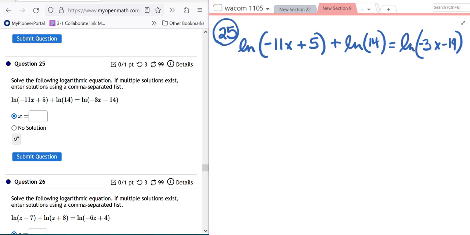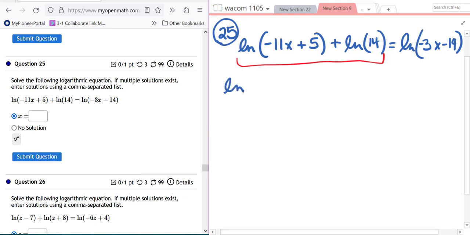So on this left-hand side, I'm going to put these together. And this is a sum of logs, so this will be the log of a product. And I am just going to put the 14 at the front. We're going to multiply it anyway.